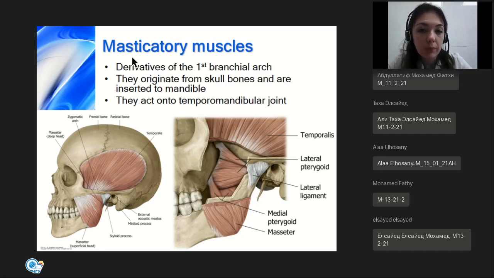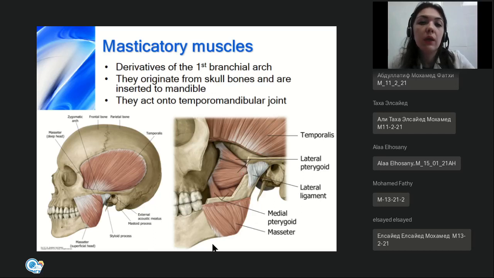There are four of them: the temporalis muscle, the masseter muscle, the lateral pterygoid muscle, and the medial pterygoid muscle. You have to know the origin and insertion. Everything is written in the book, and also the action. All of them act onto the temporomandibular joint, but they pull the mandible in different directions. You have to know about all of them.